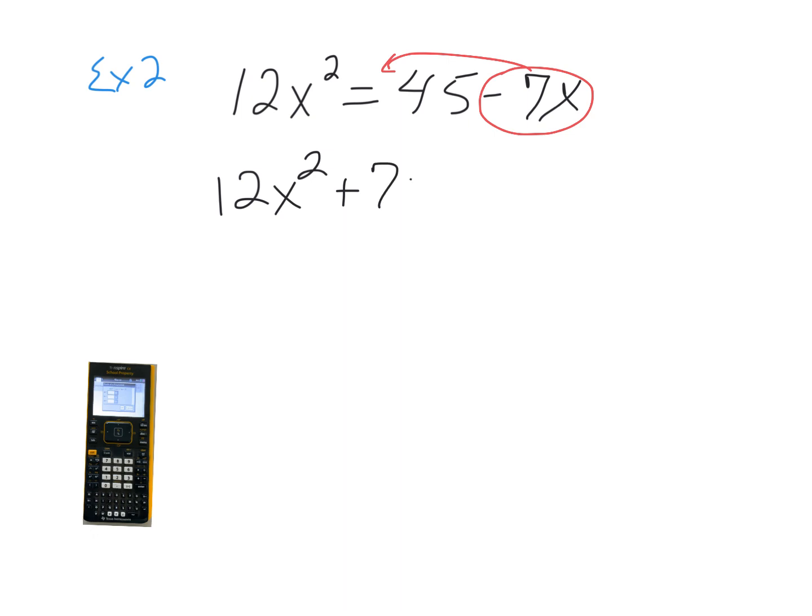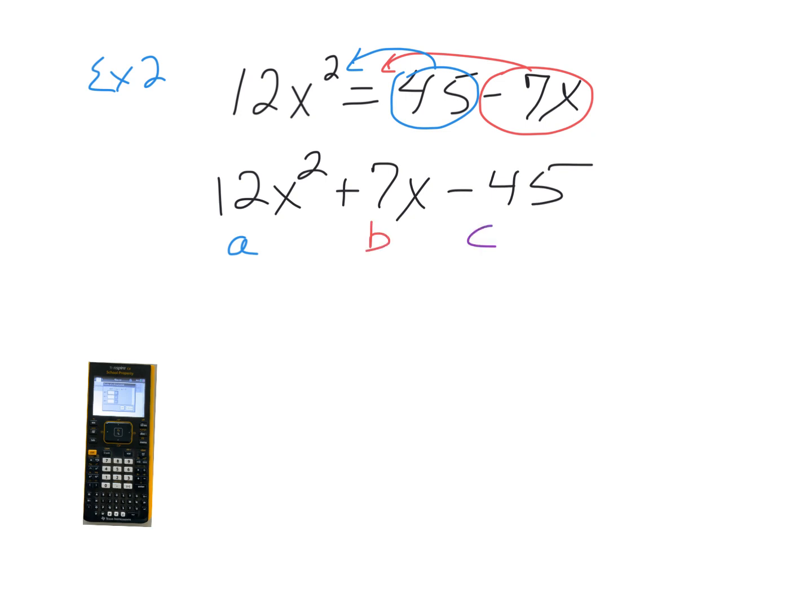And then when the 45 term, or the c term, comes over, it's going to be -45. So now I know our A, our B, and our C, okay?